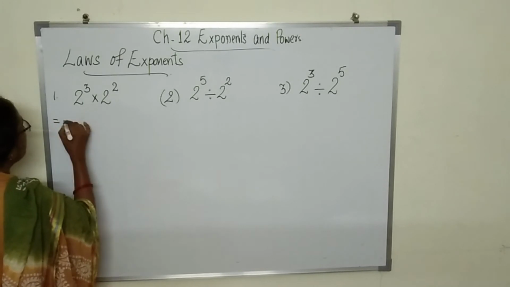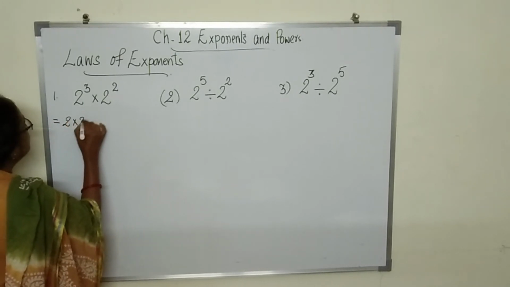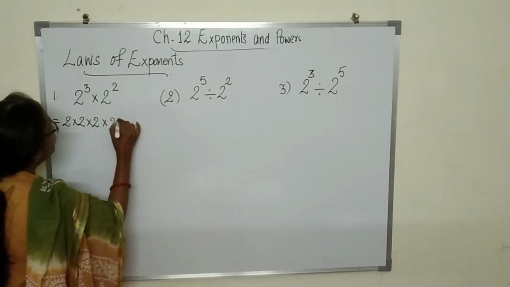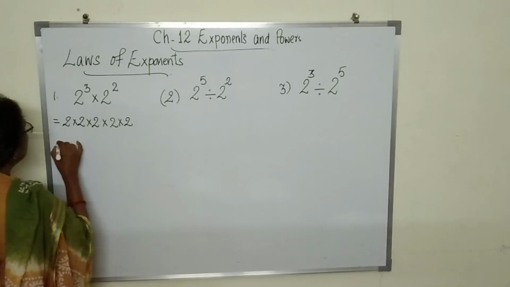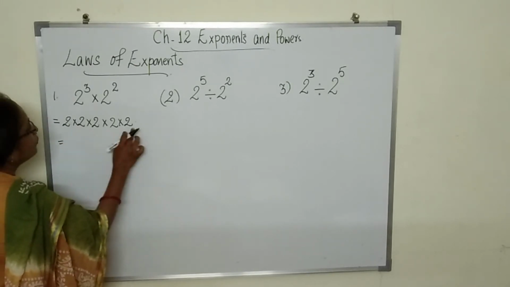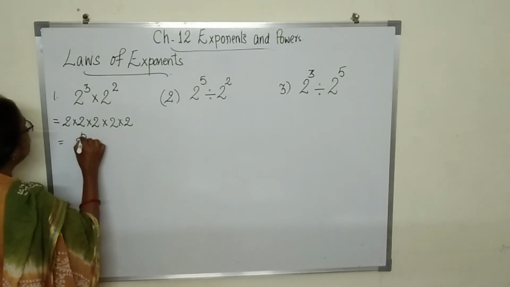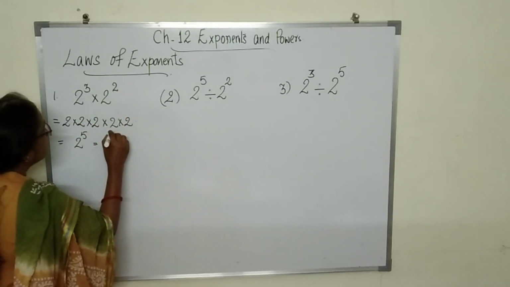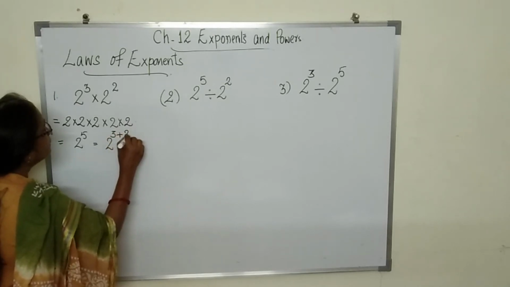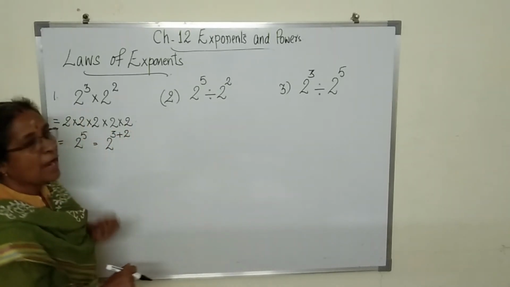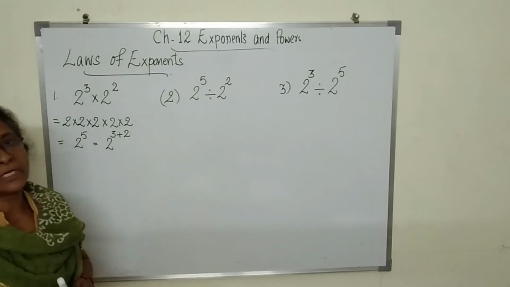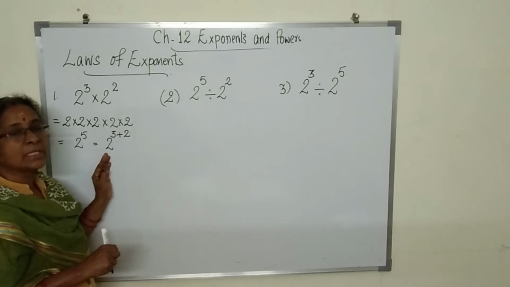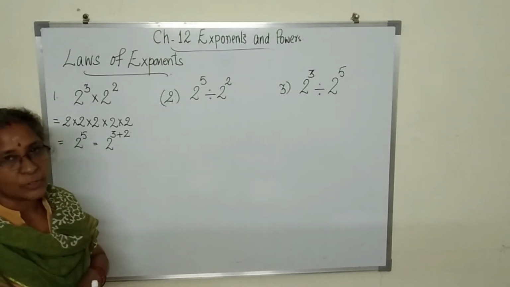As usual, 2 raised to 3 is 2 into 2 into 2, and 2 raised to 2 is again 2 into 2. So what do you get? 1, 2, 3, 4, 5 times, that is 2 raised to 5, which is equal to 2 raised to 3 plus 2. When we multiply two powers with the same base, we write the base as it is and add the exponents.